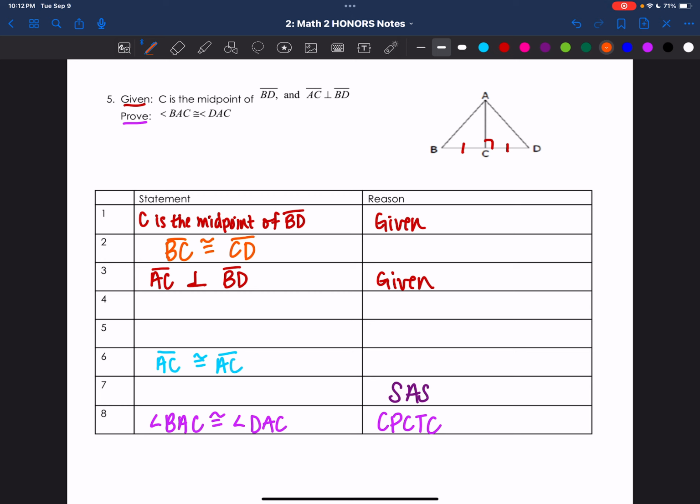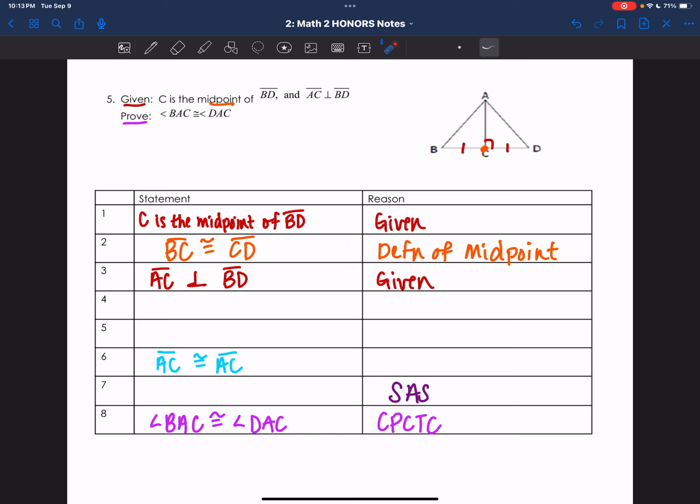And the reason we know this is because it's the definition of a midpoint. So now we were given, and we gave a definition of it.